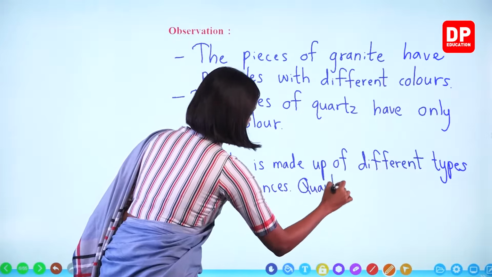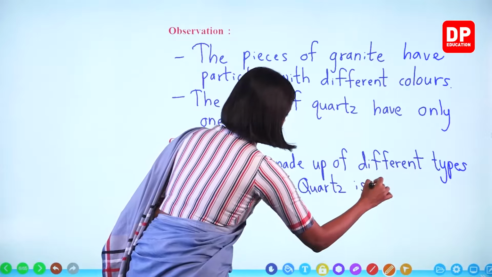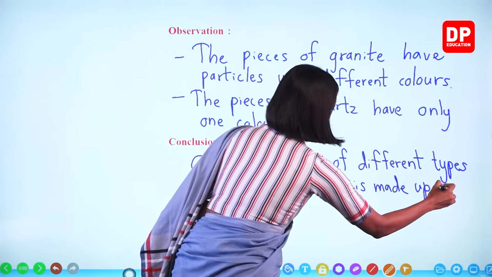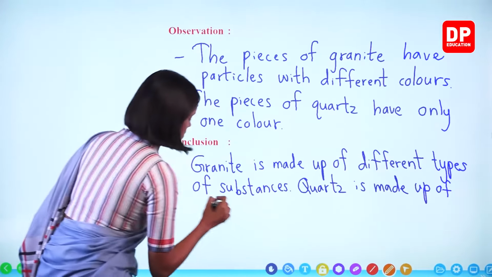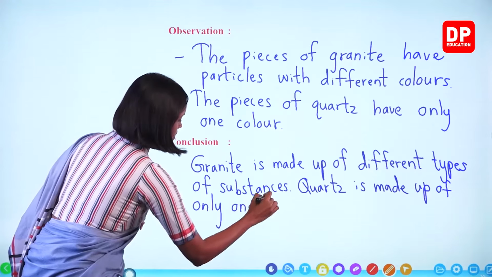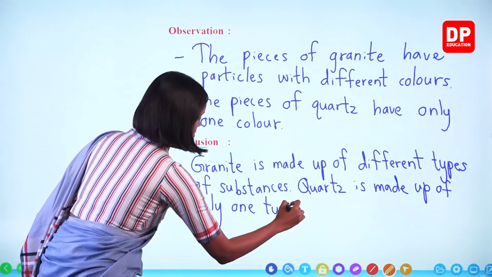Quartz is made up of only one type of substance.